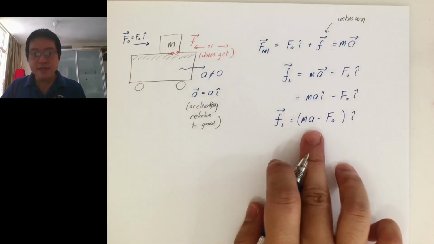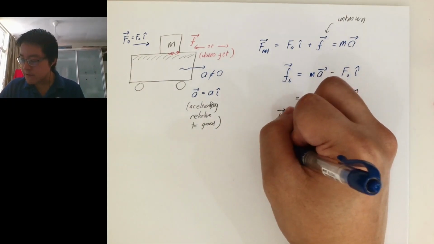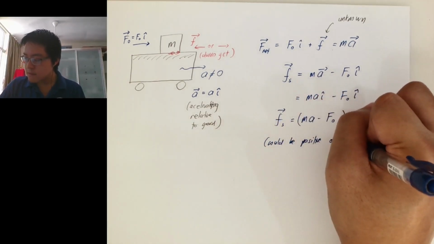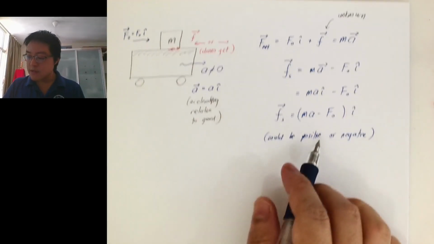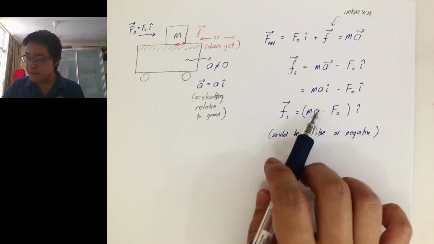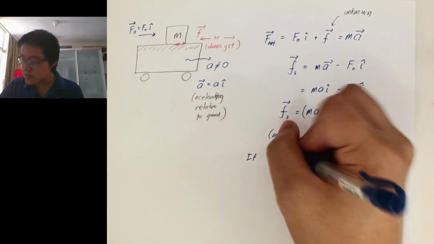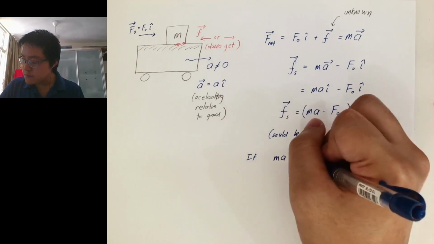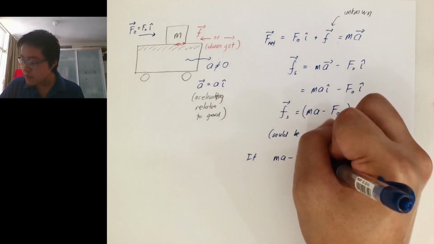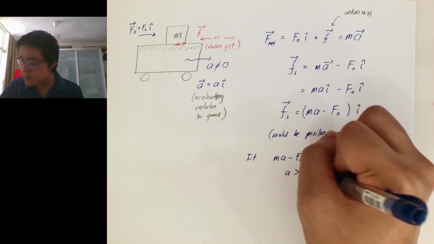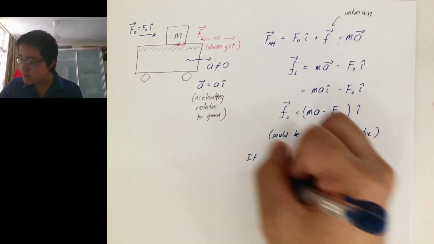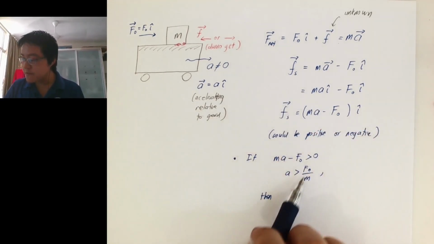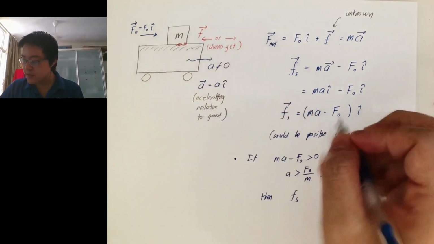So notice that this number could be positive or negative. So there are two cases here, right? If MA minus F is a positive number, in other words, if A is greater than this number, then this is case 1, and my friction is actually pointing in this direction.